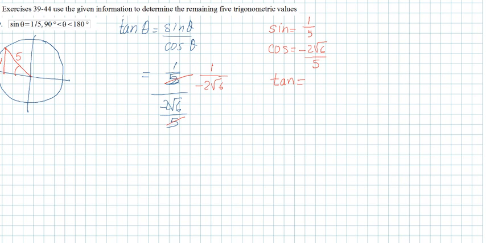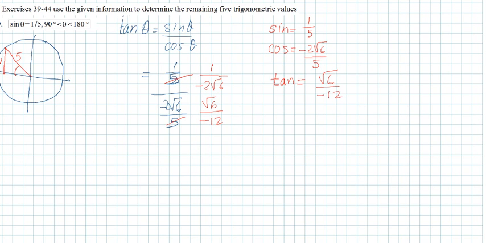And when you simplify this, you would have square root of 6 over negative 12. So that's your tangent.